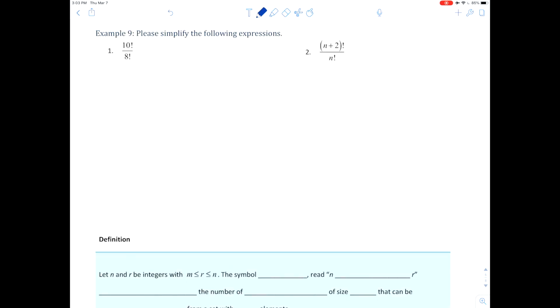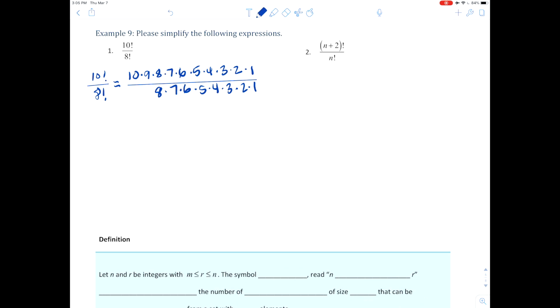All right, let's practice doing these factorials. So 10 factorial over 8 factorial is going to be the decreasing products: 10 times 9 times 8 times 7 times 6 times 5 times 4 times 3 times 2 times 1, all over 8 times 7 times 6 times 5 times 4 times 3 times 2 times 1.